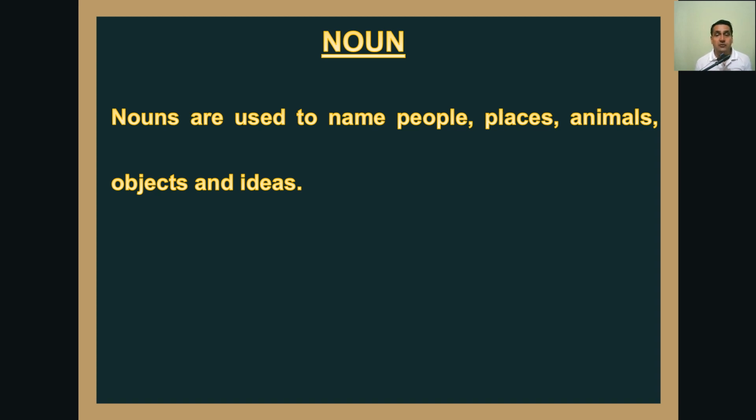So we have heard about nouns a lot. Nouns are used to name people, places, animals, objects, and ideas. So anything that we see around us has a name. So things could be places, persons, animals, objects as well.